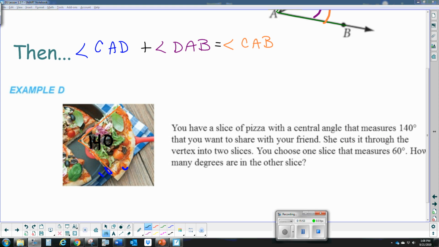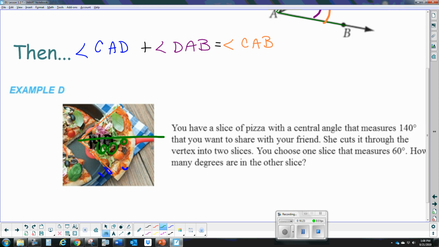You want to share it with your friend, and she cuts it through the vertex into two pieces, and you choose the slice that measures 60 degrees. The whole angle measures 140. You choose the piece that measures 60 degrees. The question is, how many degrees are in the other slice?